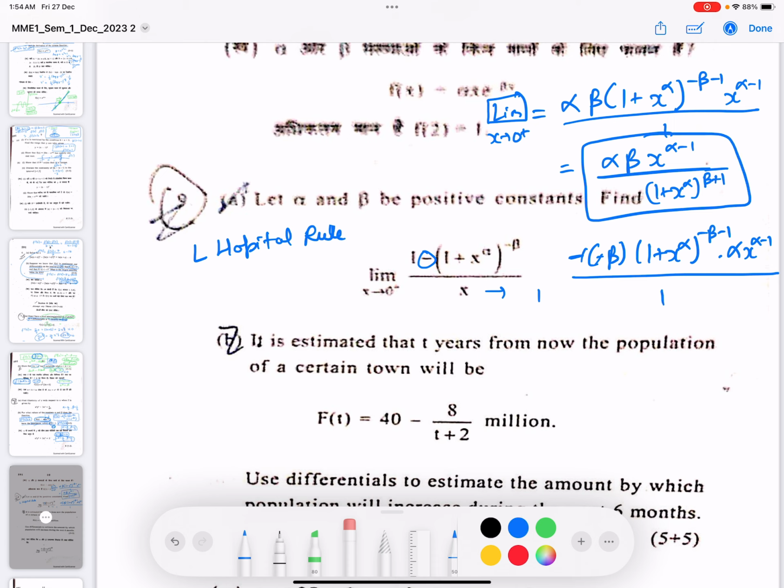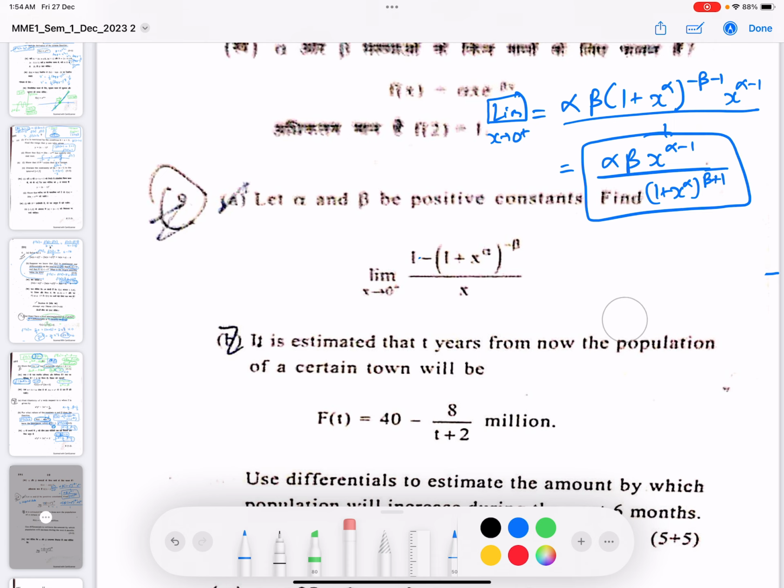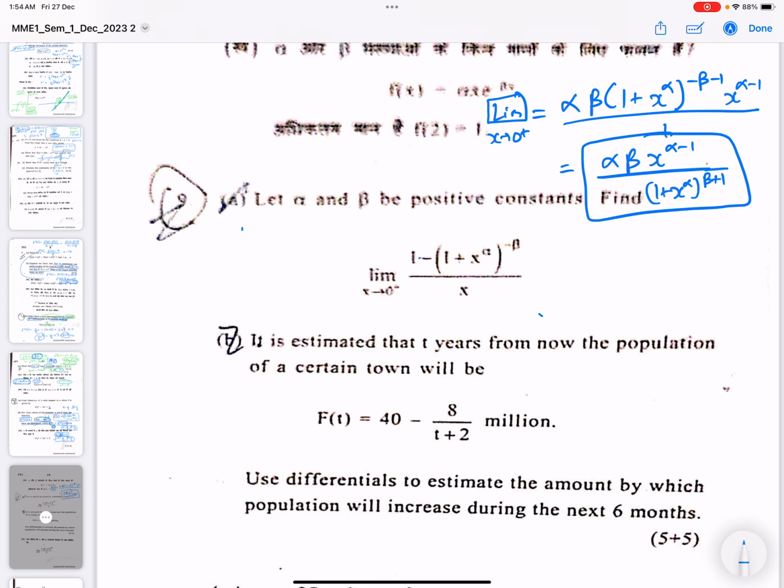Now looking at this limit, if alpha equals 1, then this term alpha minus 1 becomes 1 minus 1, 0. So x to the power 0, this whole term would become 1.